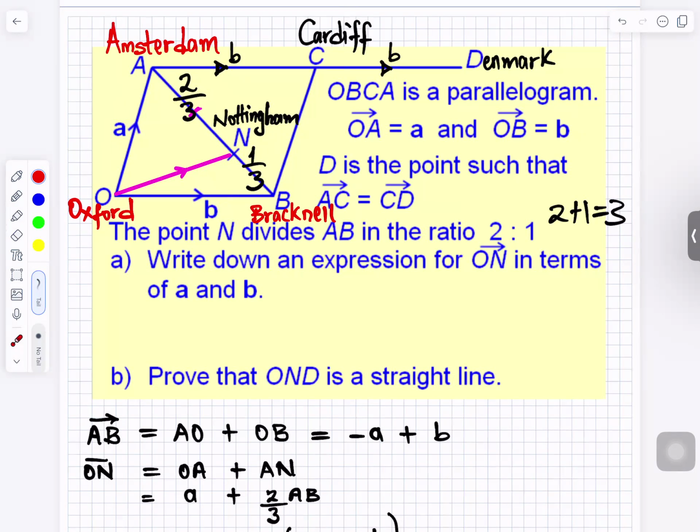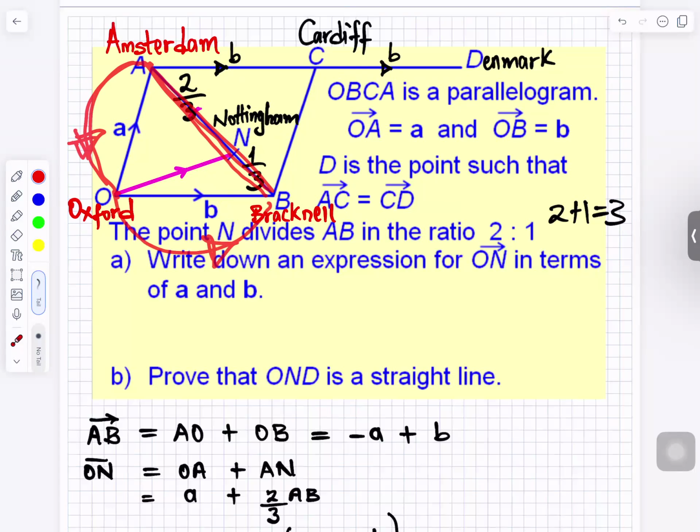But do we know Oxford to Amsterdam? Yes, we know that is equal to A. But we do not know Amsterdam to Nottingham. So we need to find Amsterdam to Bracknell first. That's AB. To go from A to B, you can go from A to O, which is Amsterdam to Oxford, and then Oxford to Bracknell.